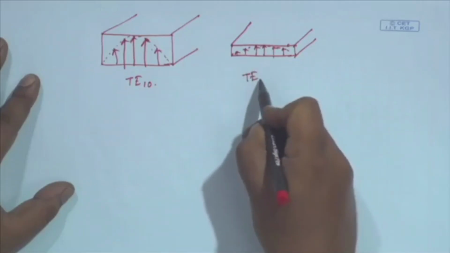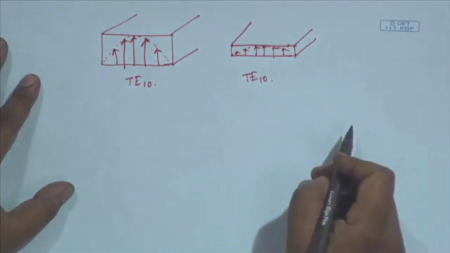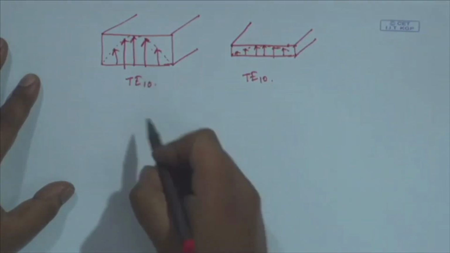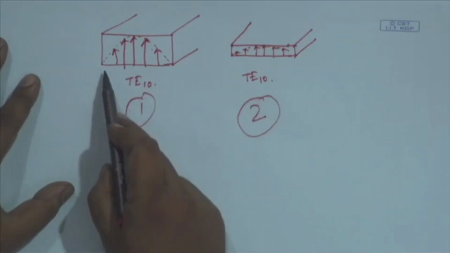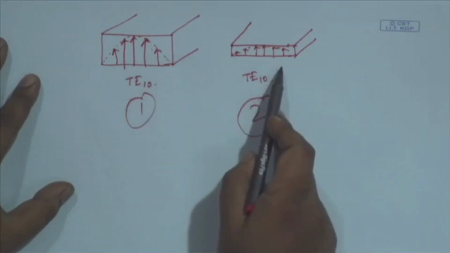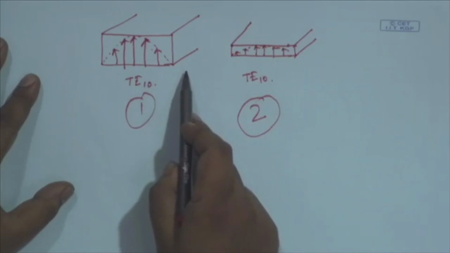So, we have perpendicular electric field components which vary sinusoidally along its width. Now, the difference between 1 and 2 is that only the thickness changes, its width remains the same.